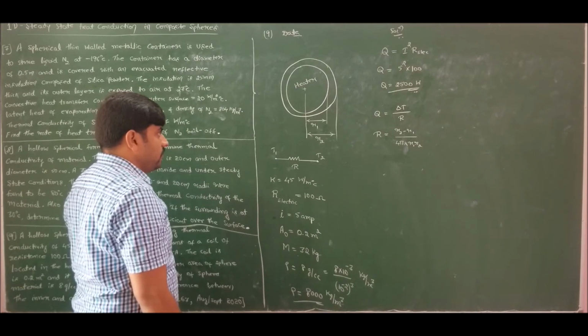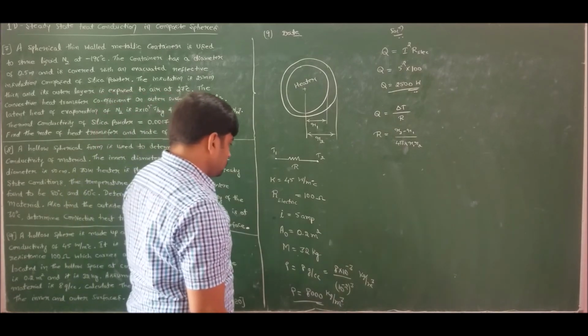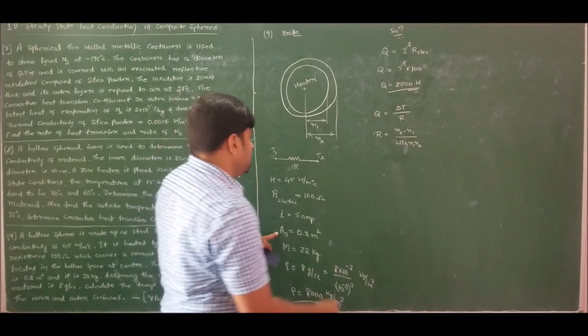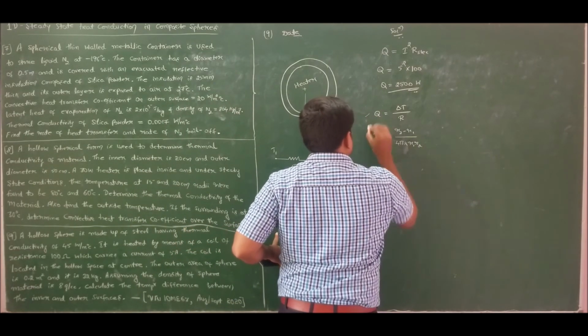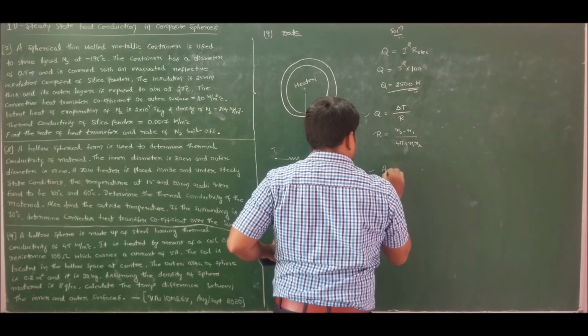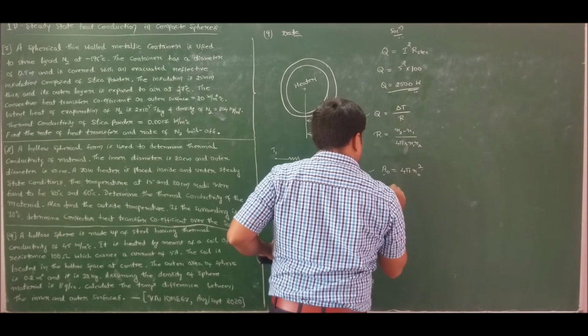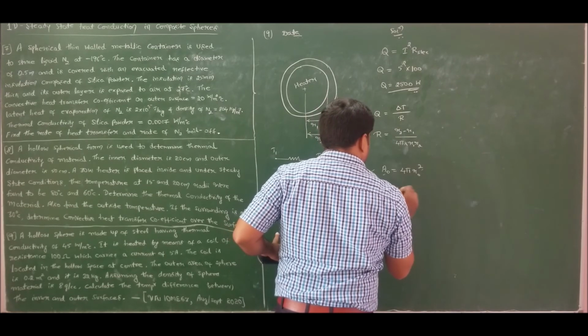Now to find the value of R1 and R2, the one hint is that he has given the value of outside area. So by using outside area, A0 is 4 pi R0 square, find the value of R2.